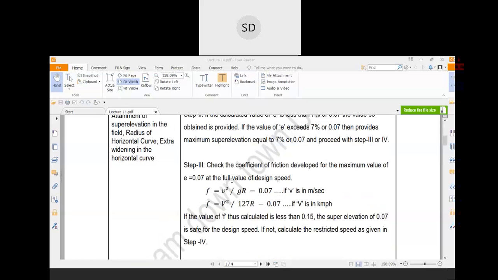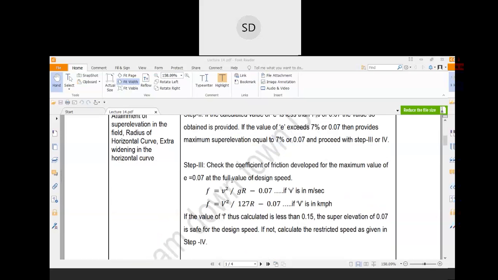the maximum super elevation, that is 0.07, and you have to find out the coefficient of friction value. Now how to find out that coefficient of friction value? It could be estimated using the E value as 0.07, and here you will consider the full design speed.